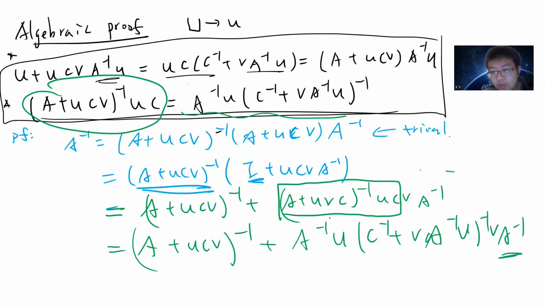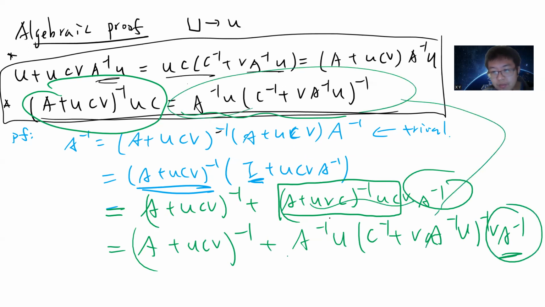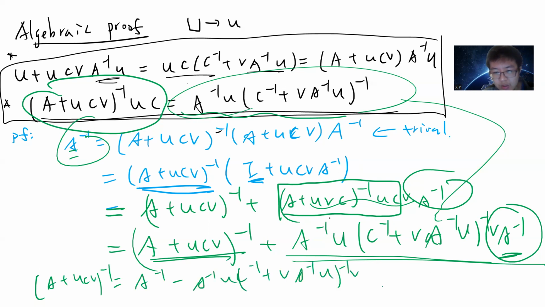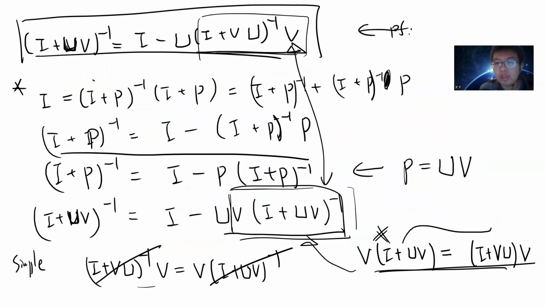We fix this term, and for this term we use this identity. So now A inverse minus this will equal this. Finally you get A plus U C V inverse equals A inverse minus A inverse U C inverse plus V A inverse U inverse V A inverse. So this is the proof. I'll see you guys in the next videos.